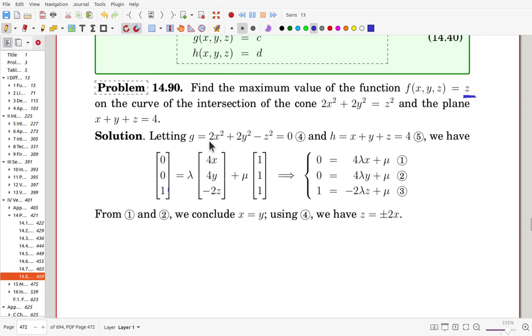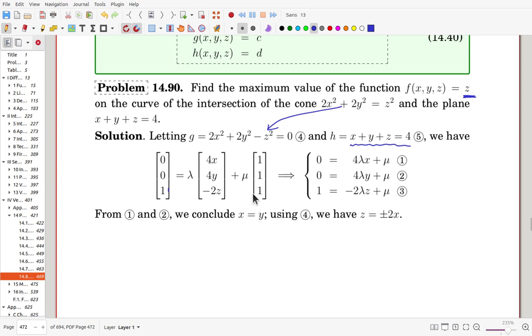Now, when g is given in this way, the gradient is: x derivative is 4x, y derivative is 4y, z derivative is minus 2z, plus mu times the gradient of the plane function, which is 1, 1, 1.